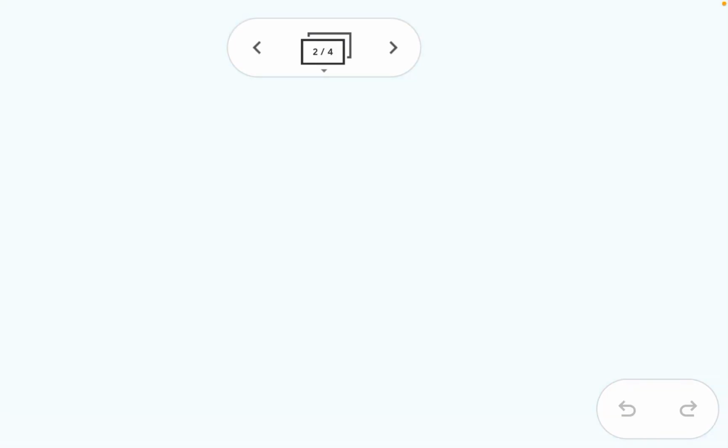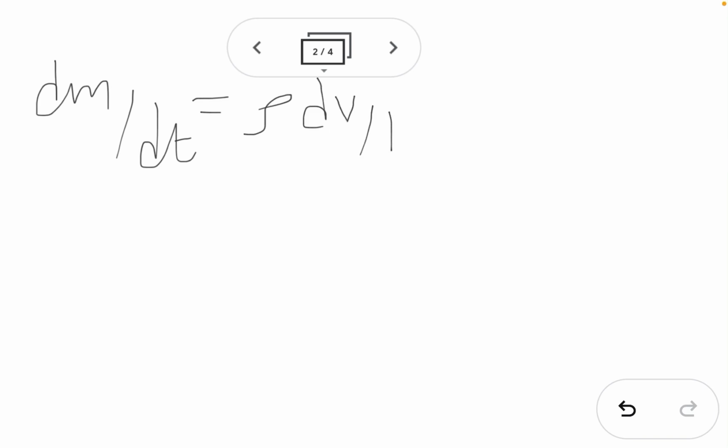So the continuity equation therefore changes, and we have now the mass flow rate. Okay, if the fluid is compressible, we are going to have the mass flow rate, which is the mass that is passing across a section of the tube at that particular time. So now the mass flow rate is given by simply multiplying the density with the volume flow rate. Okay, so if we are doing this, then the continuity equation for the mass flow rate changes.